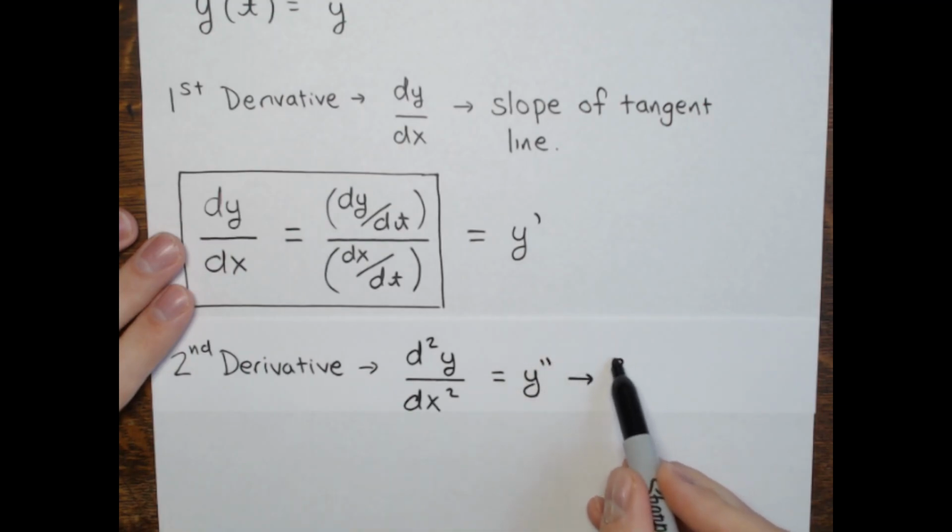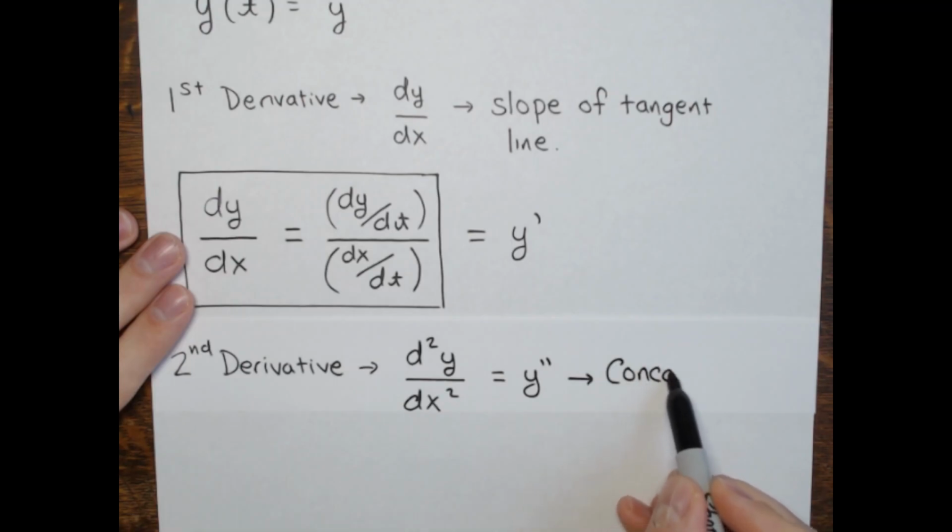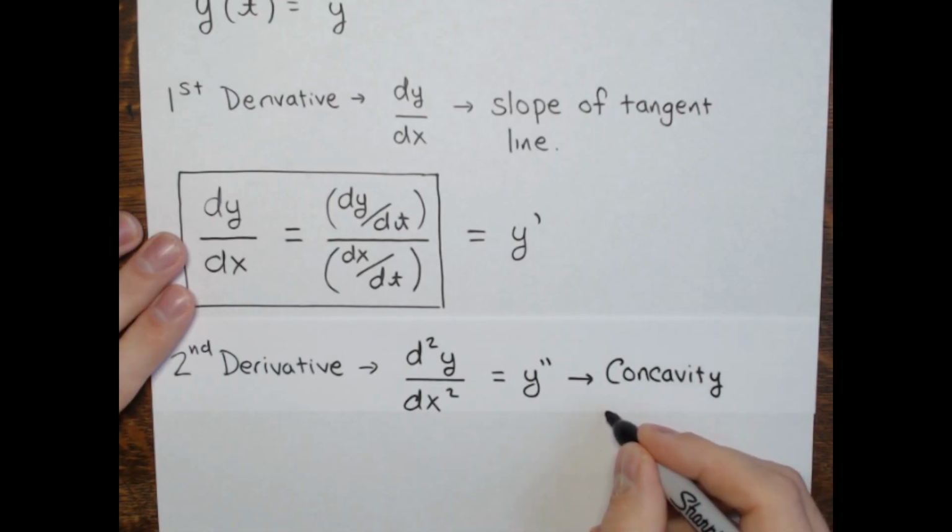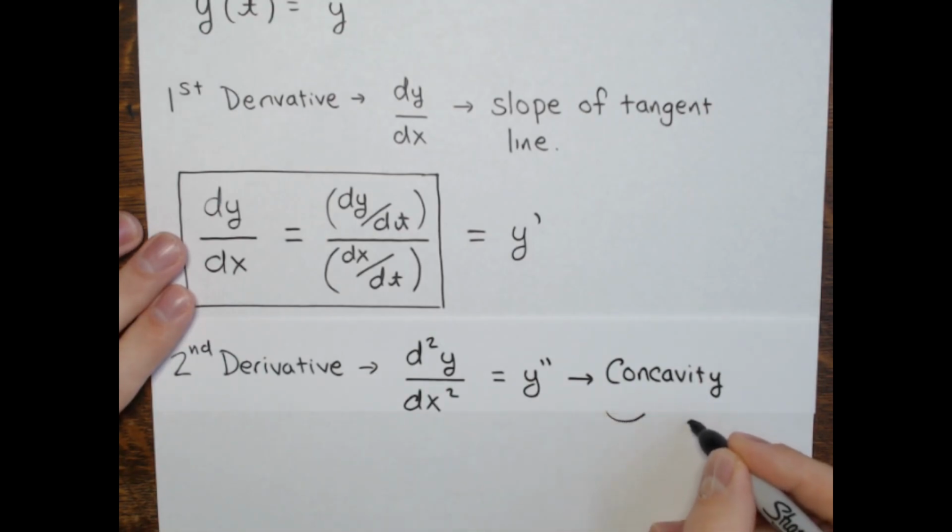Remember, this gave us the concavity at a point. Was a curve concave up or concave down? Curling up or curling down at a point.